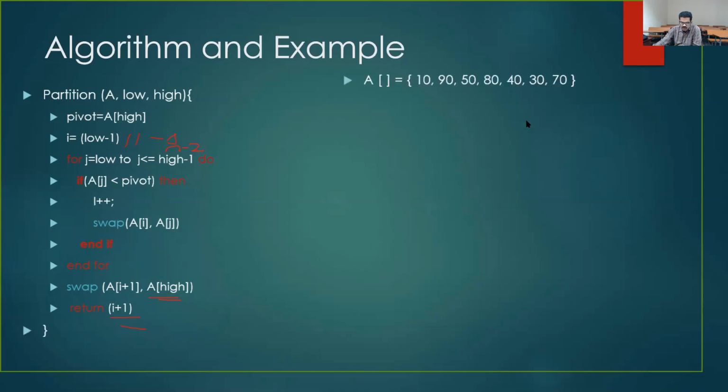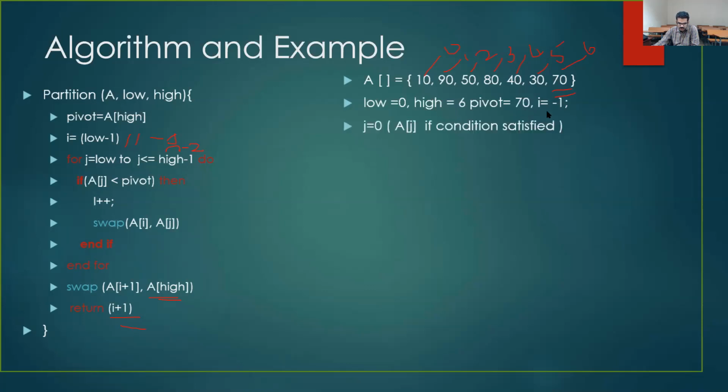So A is an array here. What will the pivot element value be? 70. Its index starts from 0, so this will be 1, this will be 2, this will be 3. Just to have the example be clear, I'm writing 5, 6. So low is 0, high is 6, pivot is 70, and I equals minus 1.